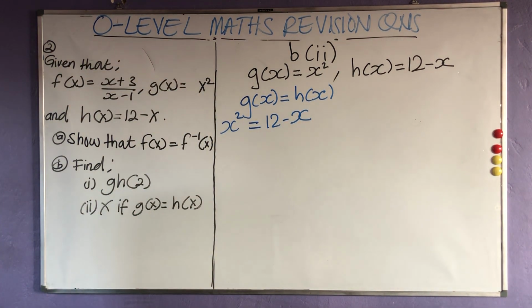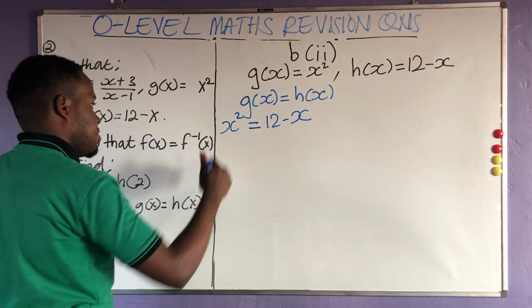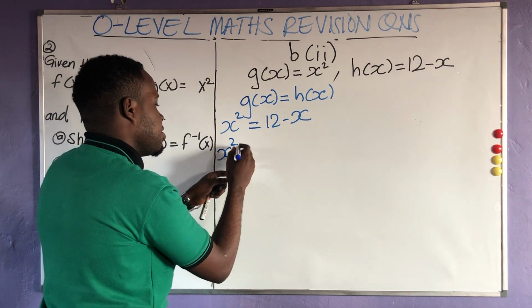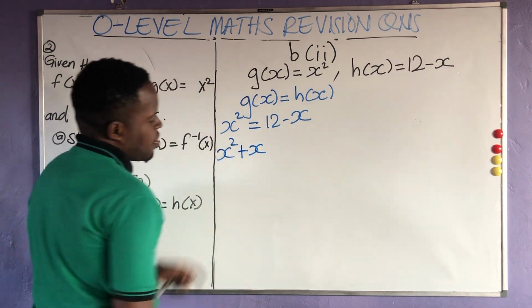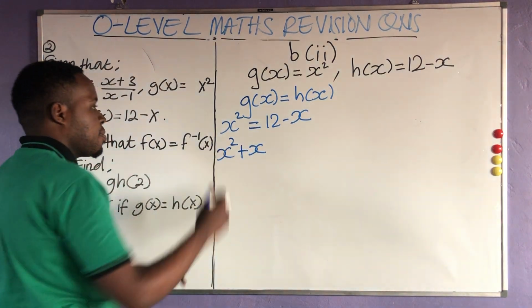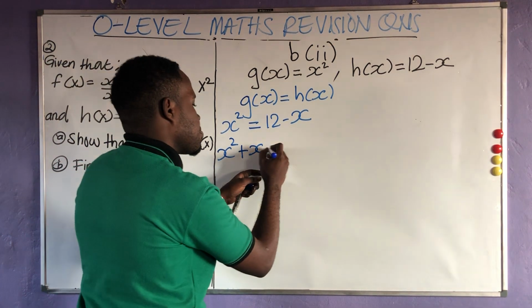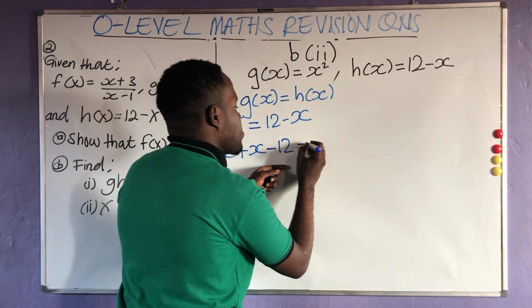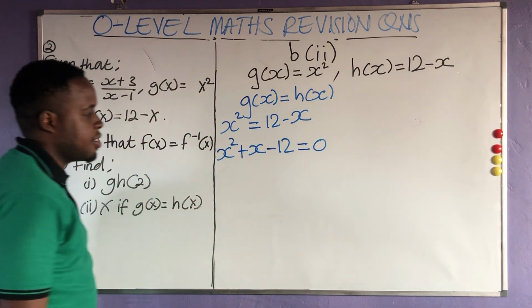So we shall try to collect like terms by bringing the x this side, and we shall have x squared, and the x, when it crosses, is going to be plus x. We shall also bring the 12 this side. When it comes, it will become a negative, such that this is equivalent to 0.